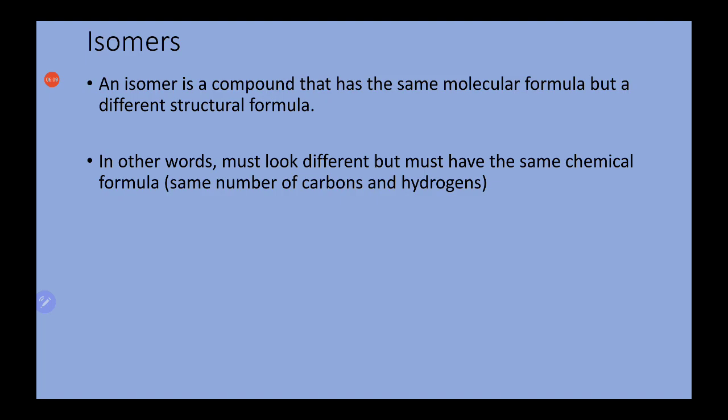Now, that leads on quite nicely to the idea of isomers, because an isomer is a compound that has the same molecular formula but a different structural formula. So in other words, it must look completely different, but it must have the same chemical formula, the same number of carbons and the same number of hydrogens. We've just seen an example there where we have cyclopropane, which has 3 carbons and 6 hydrogens, and we've got propene.